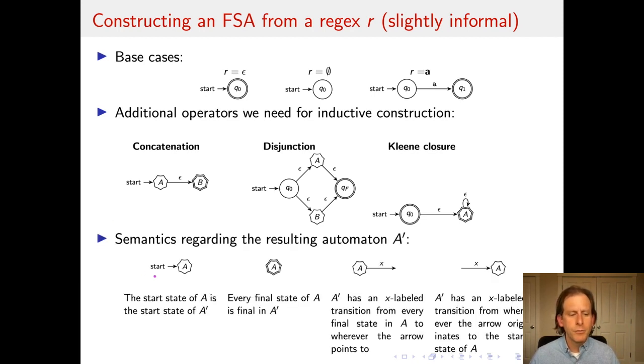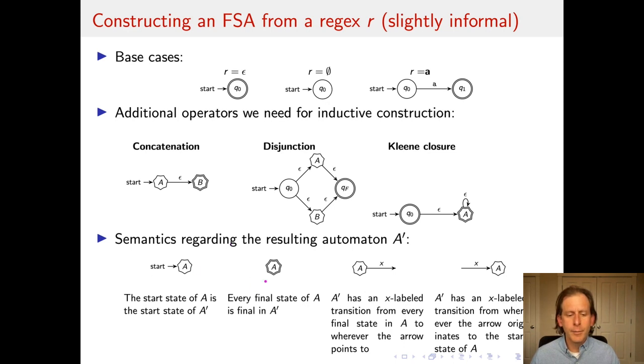So saying that an automaton is a start means that the resulting automaton that is constructed by this operator will have the property that the start state from the original automaton A will be the start state in the new automaton that's constructed.